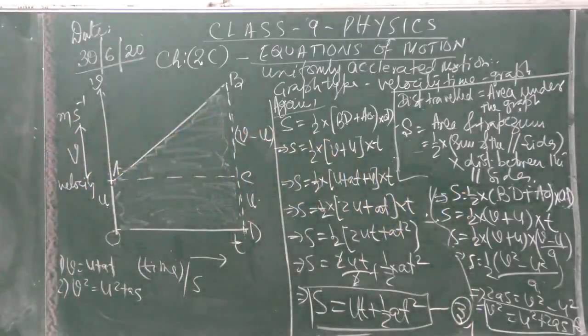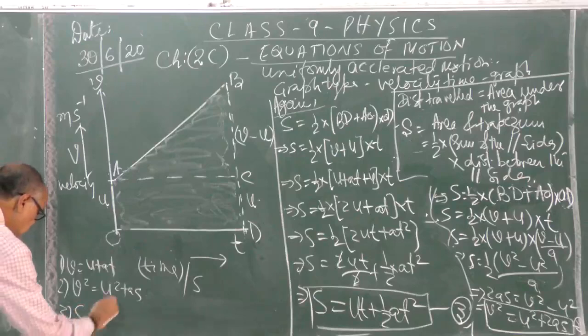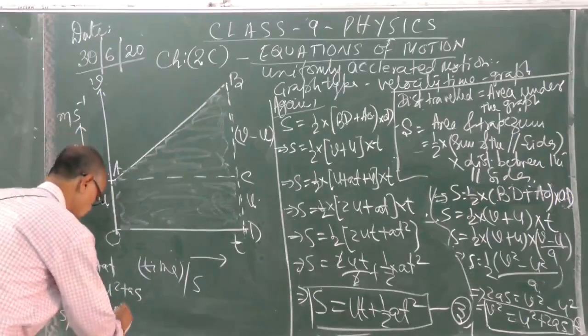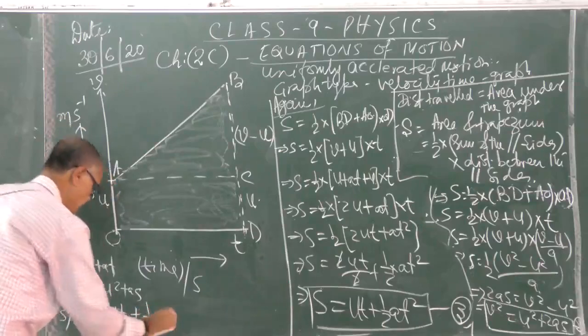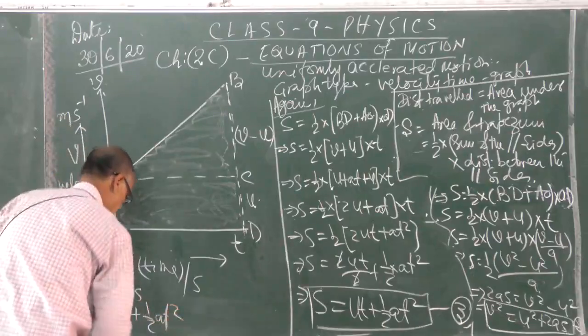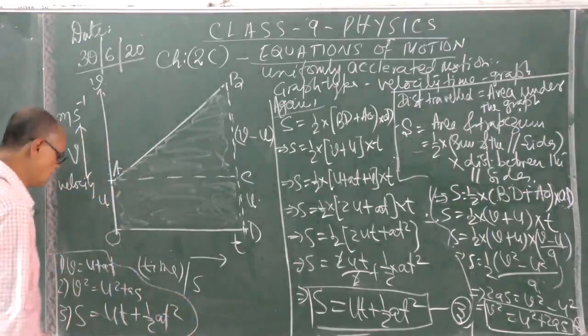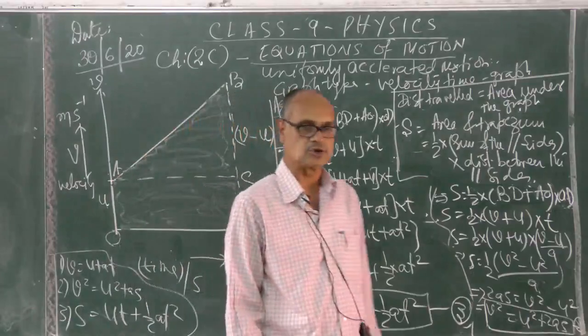So relation number 3 we are getting: distance is equal to ut plus half at square. So these three all together we call equations of motion.